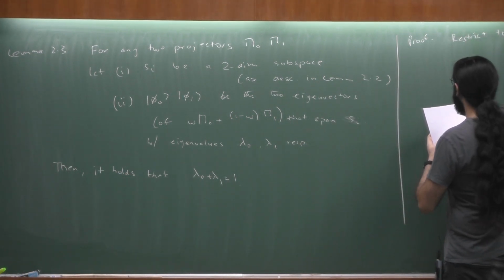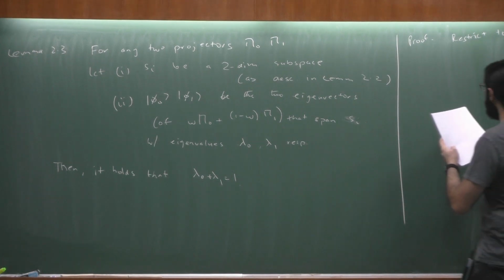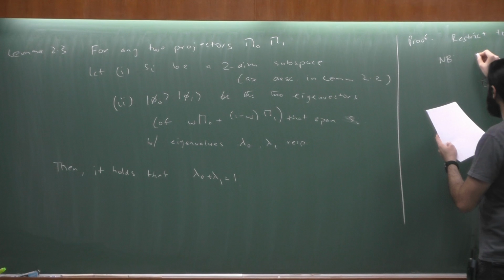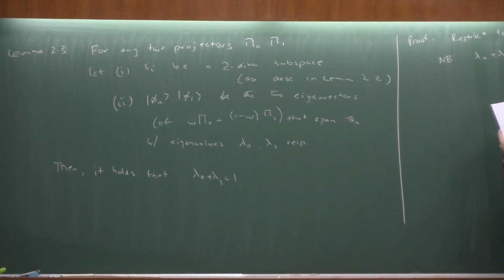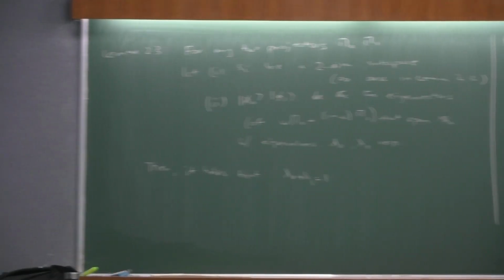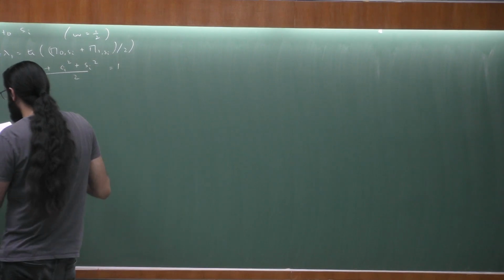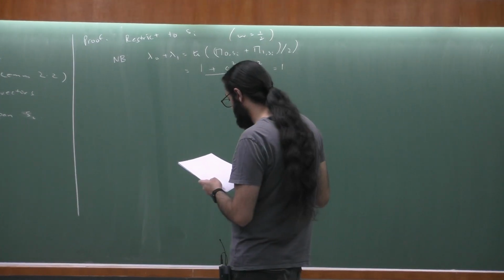So restrict to Si. I'll take the omega equals half case; the general case is essentially the same. So you restrict to Si, and then lambda 0 plus lambda 1 in this case you can write as the trace of pi 0 Si plus pi 1 Si, divided by 2, because they are eigenvectors. Then this one can write as 1 by 2 times cos square plus sine square, which is 1.